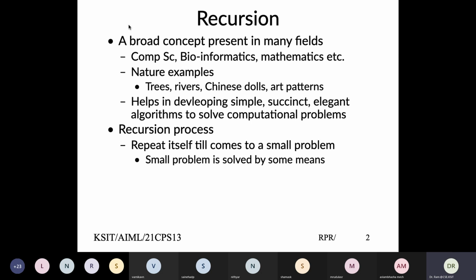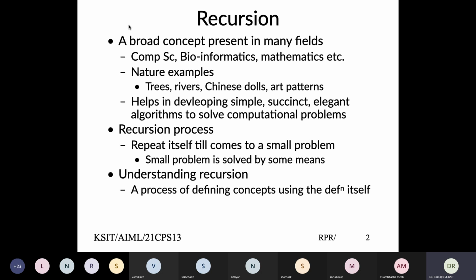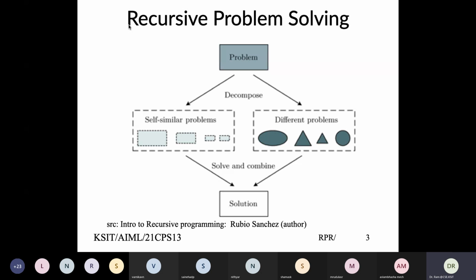That is precisely how recursion works. You can look at recursion as defining a concept using the definition itself, applying the same definition to a smaller problem. We all know Fibonacci numbers: a Fibonacci number is defined in terms of the two previous Fibonacci numbers, and we look at how things grow.